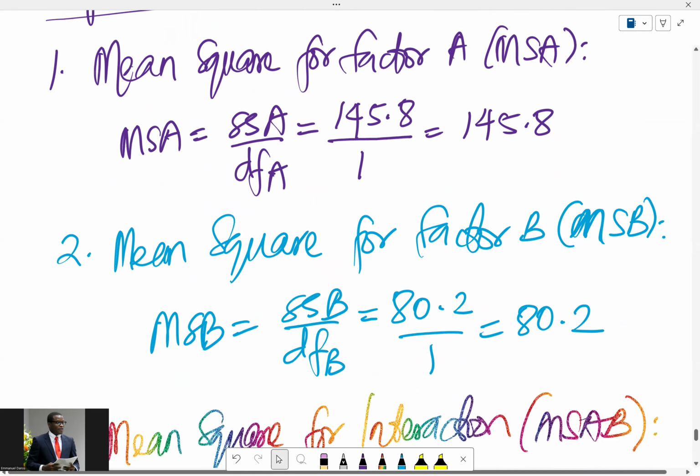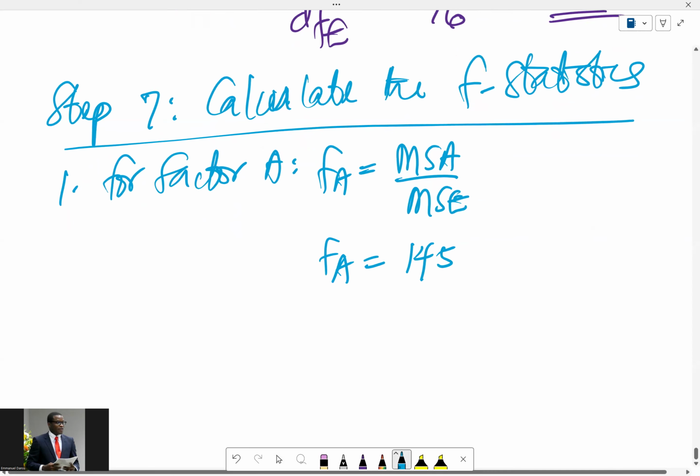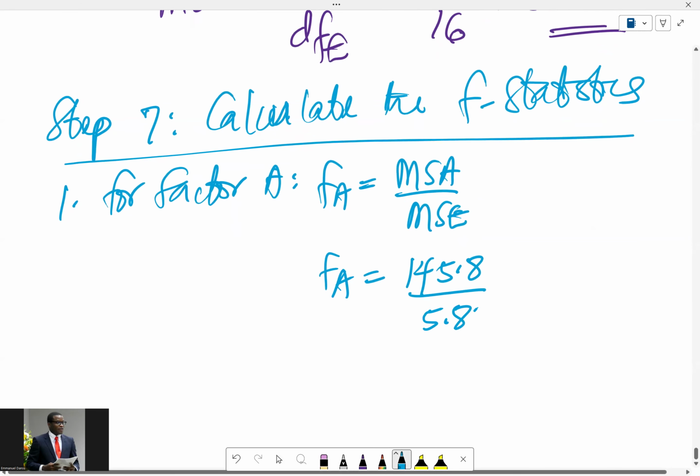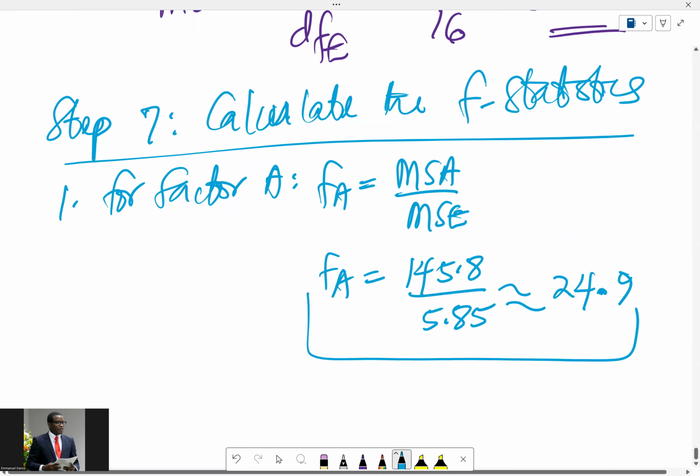MSA is 145.8, divided by MSE, which is 5.85. That is approximately 24.9. So that is FA.